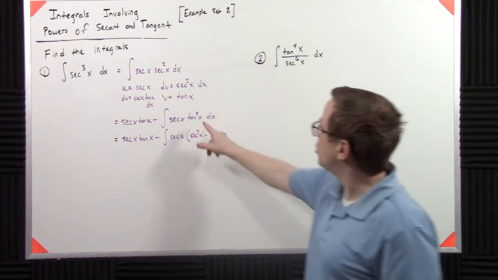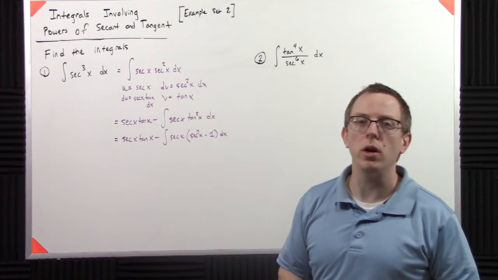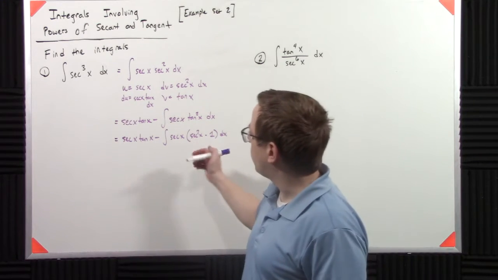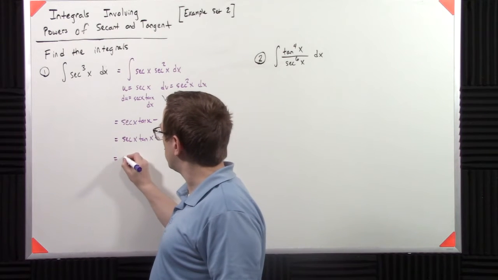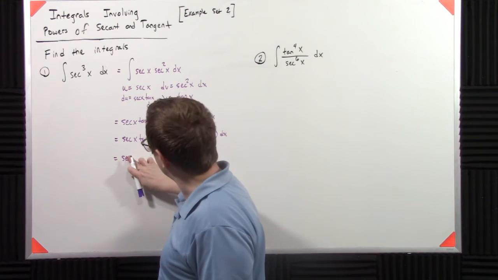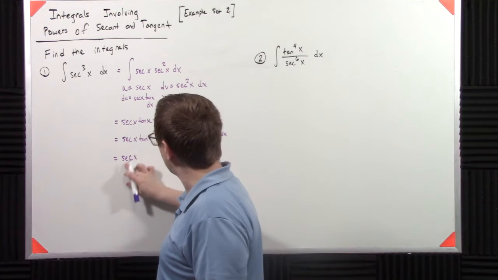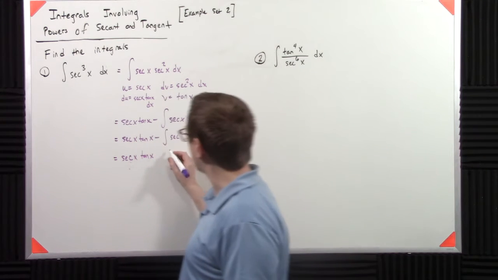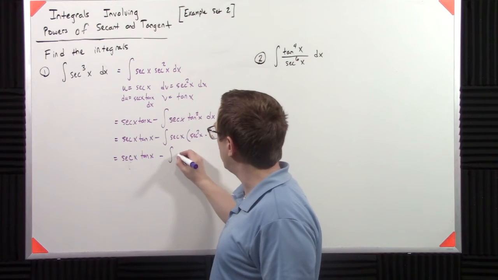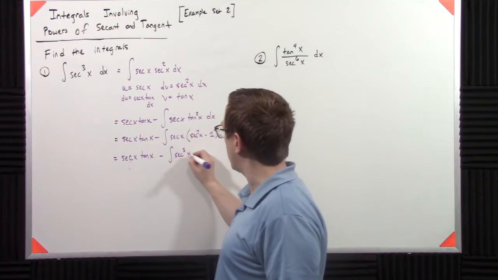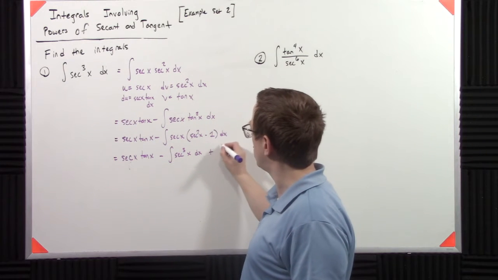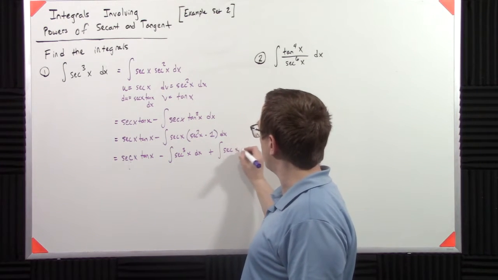Remember that tangent squared x is secant squared x minus 1. That will separate this into further integrals: secant x tangent x minus the integral of secant cubed x dx plus the integral of secant x dx.